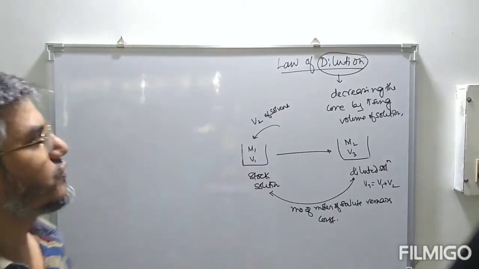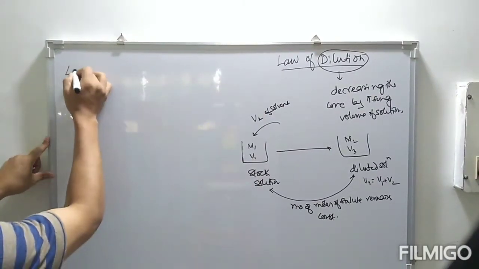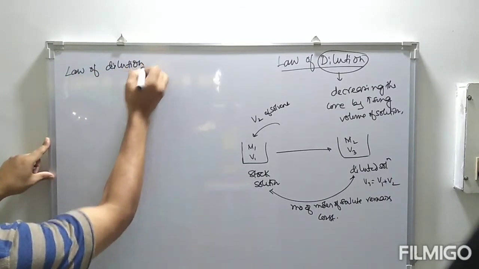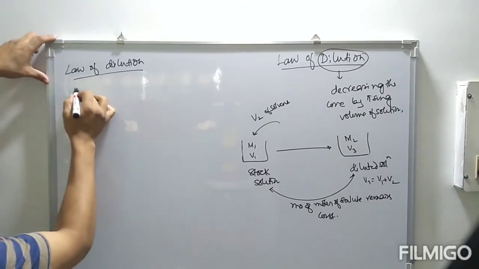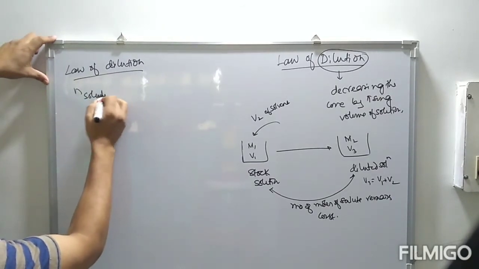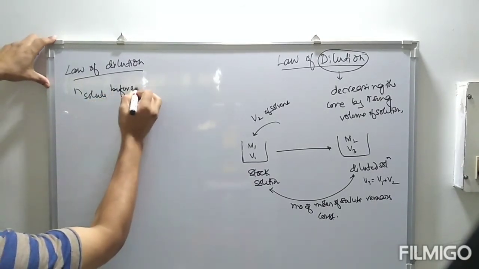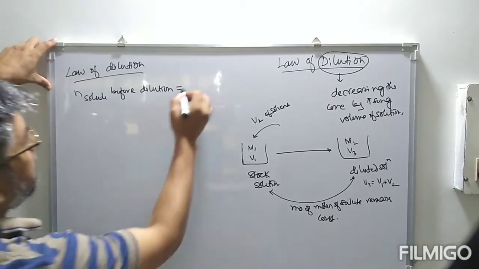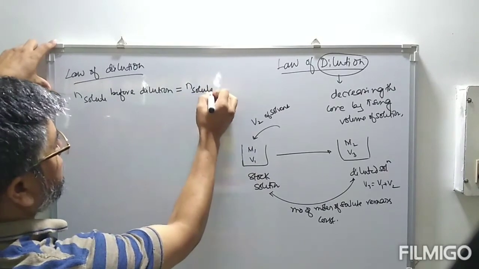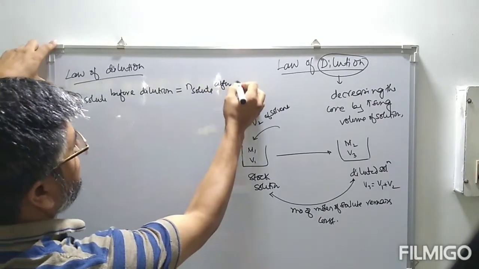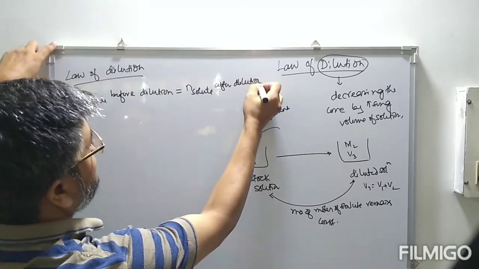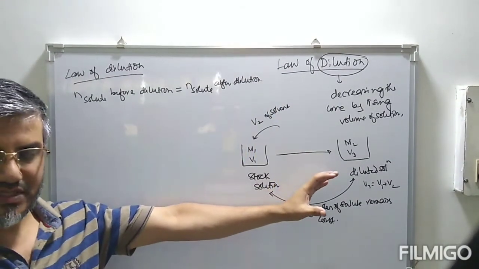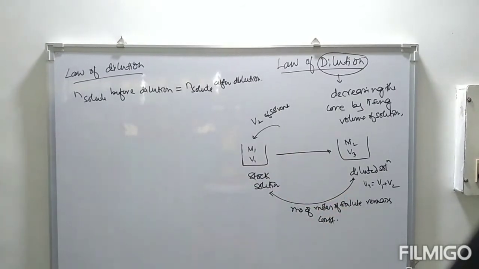So according to the law of dilution, the number of moles of solute before dilution is equal to the number of moles of solute after dilution. In both cases, the number of moles will remain the same, only the concentration will change.